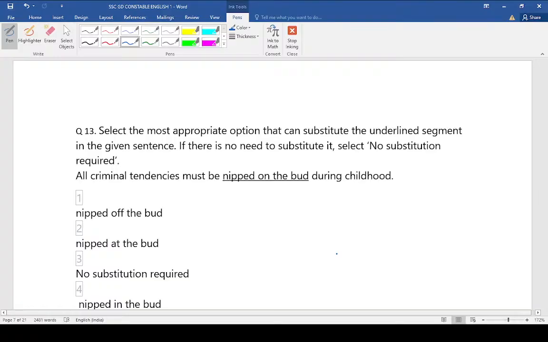So here, whenever it comes to this, nipped, correct, instead of the preposition on we have to take in here. So nipped in the bud. Where is that option? This is the option we will take.